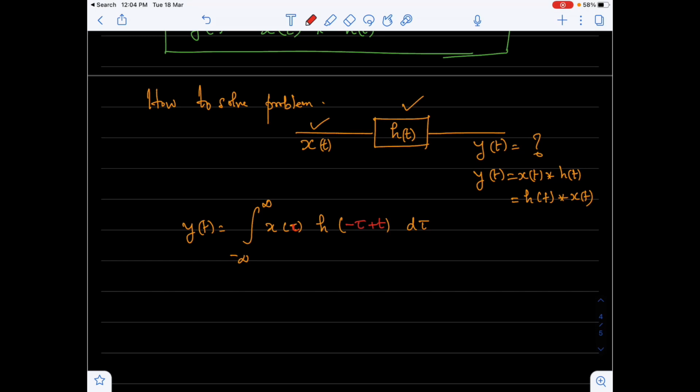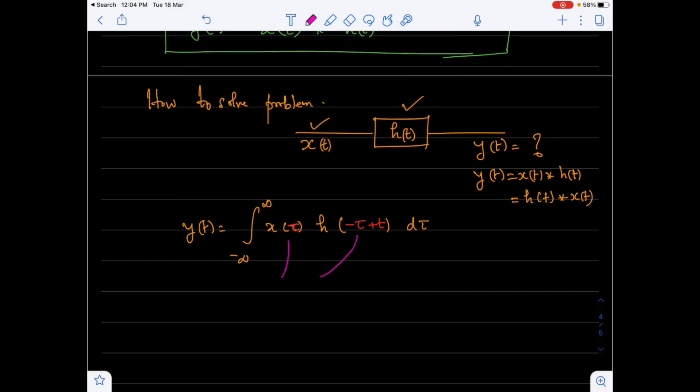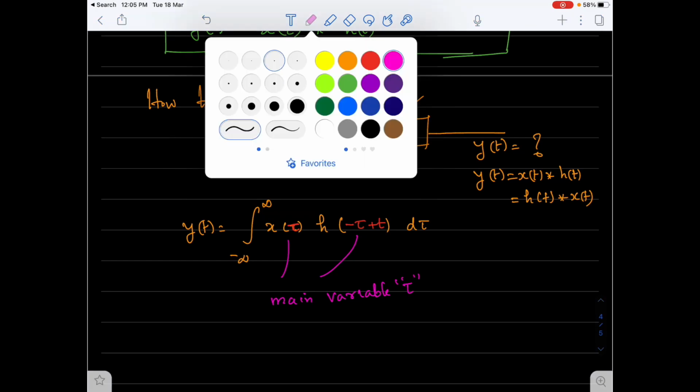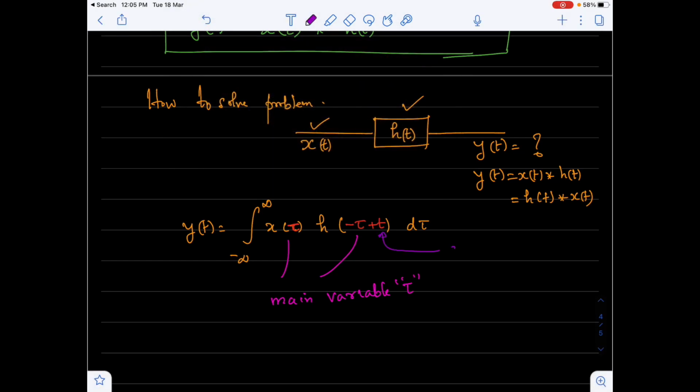And here you see this is tau, so it means that the main variable for these functions is tau. And this t is showing the shifting parameter, which is nothing but t.